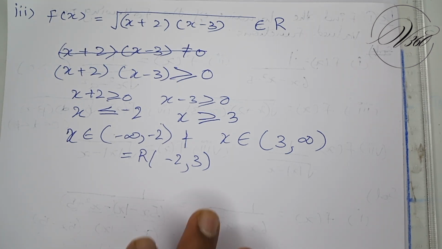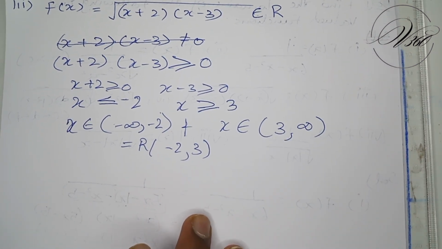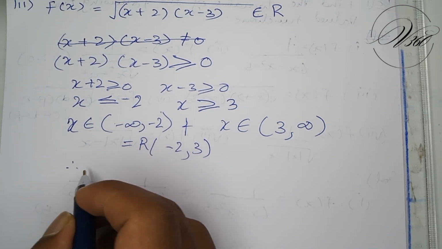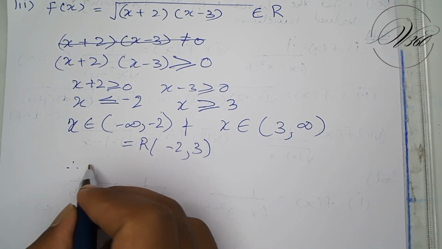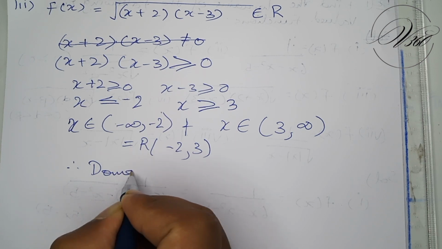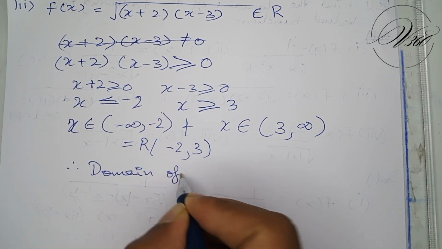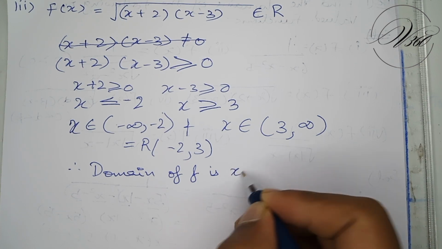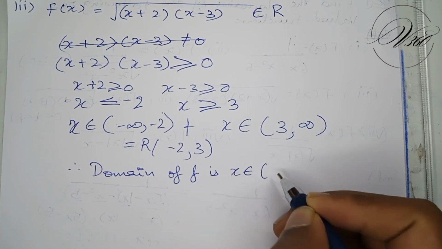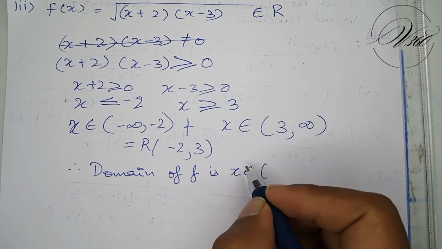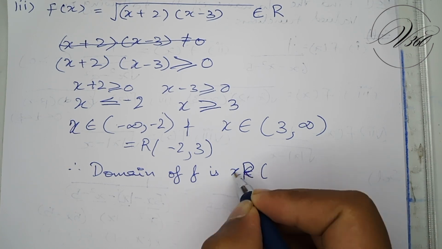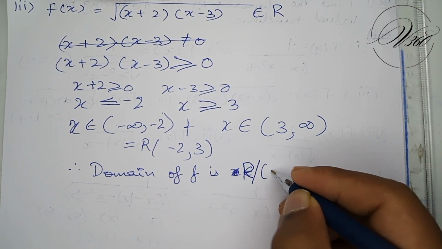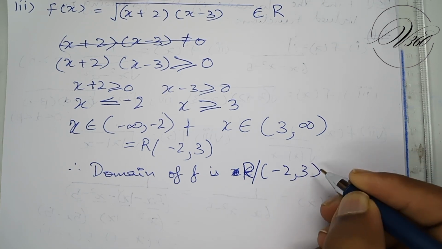Now we should write the whole statement in one as the last answer. So therefore domain of f is x belongs to R slash minus 2 comma 3.